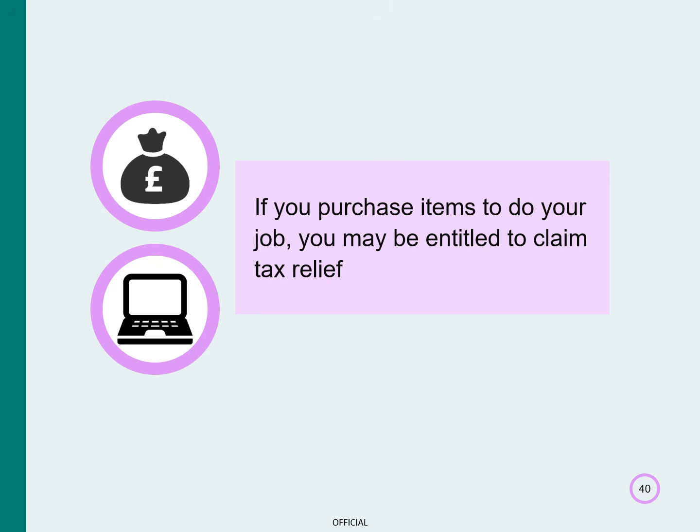If you use your own money for things you must buy to do your job, and only use these things for your work, you may be able to claim tax relief if the expense is not refunded by your employer.